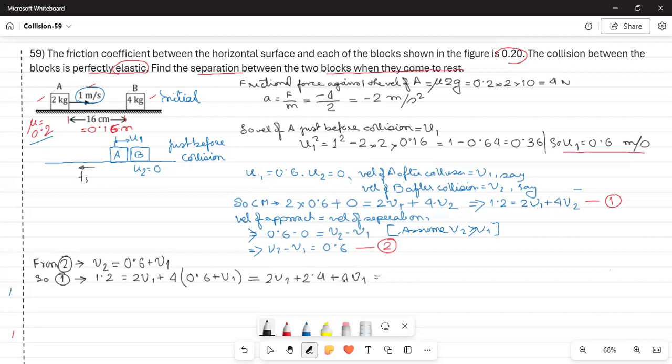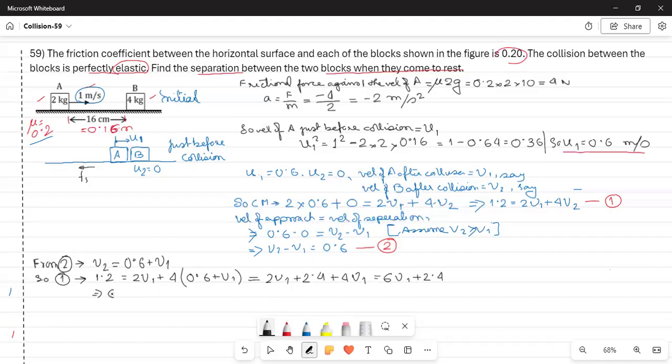This is equal to 4V1 plus 2V1, which is 6V1, plus 2.4. So on our left hand side was 1.2, and on the right hand side, we have 6V1 plus 2.4.